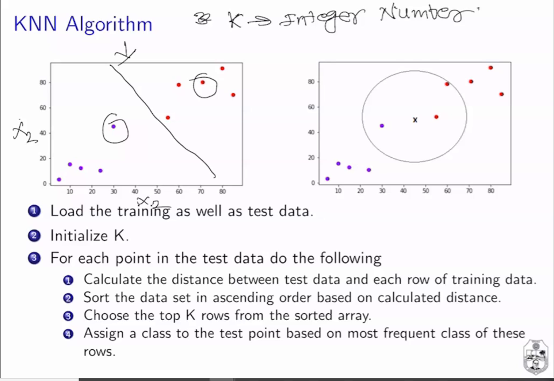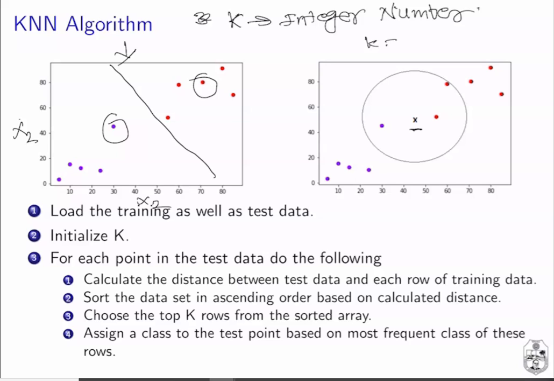Now suppose that new test data is available, represented here by x. Here we need to identify whether it should be colored red or whether it should belong to the blue category. And suppose that the value of k is 3.